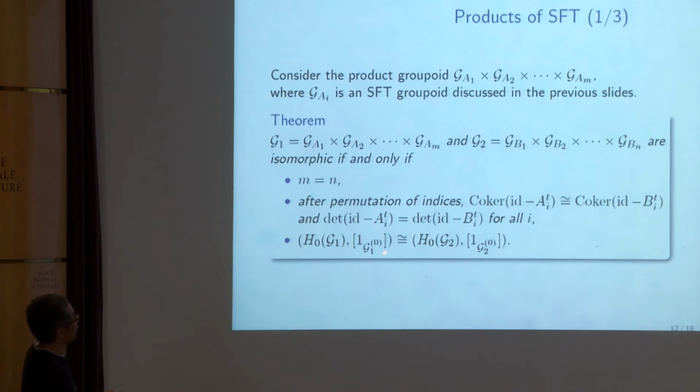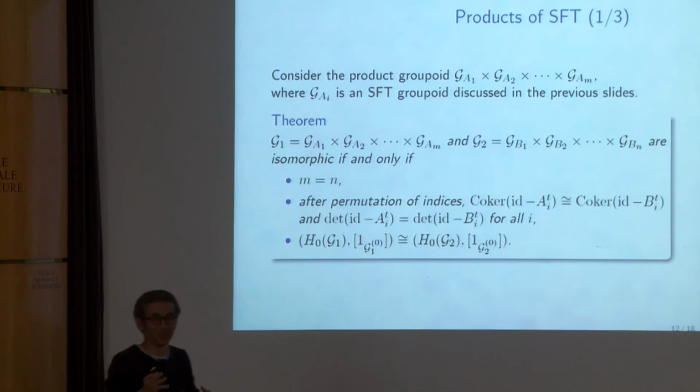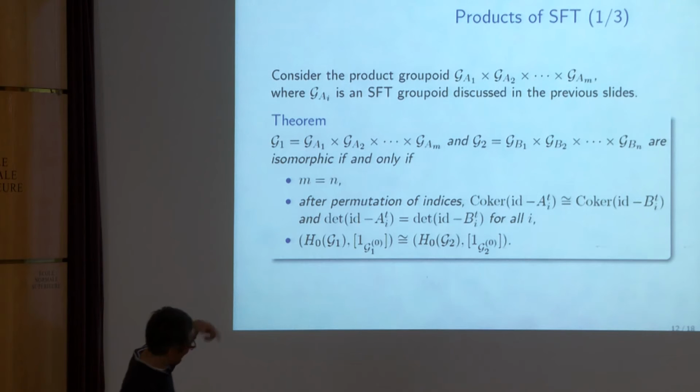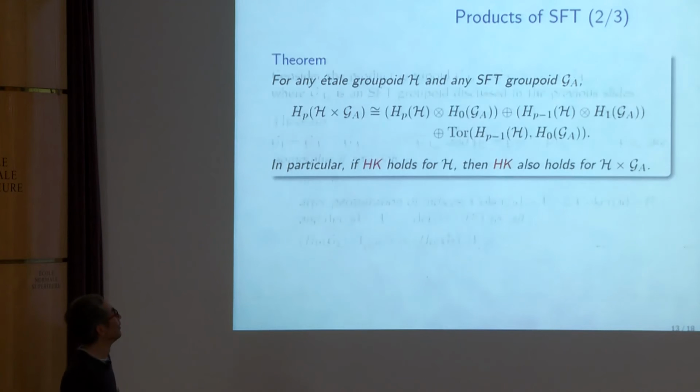It's clear that if G1 is isomorphic to G2, then these conditions hold. The converse is not clear, but I can show that if they are isomorphic, then these conditions hold. So I completely classified this class of étale groupoids. This gives new topological full groups, countable discrete groups, so they are new examples.